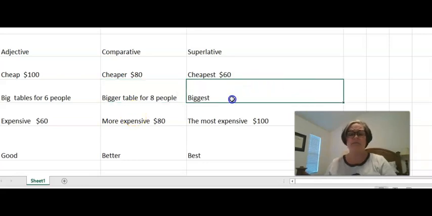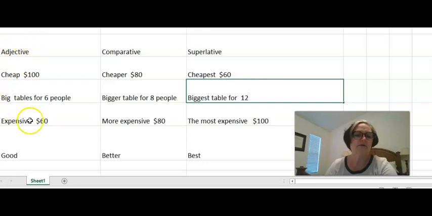But the biggest table I have at the store to buy is a table for, I don't know, 12 people. Okay? So a big table might seat 6, a bigger table might seat 8, but the biggest table I have at the store might seat 12.